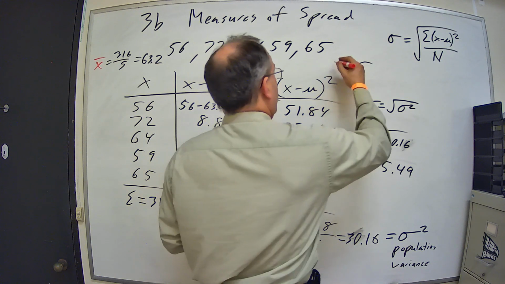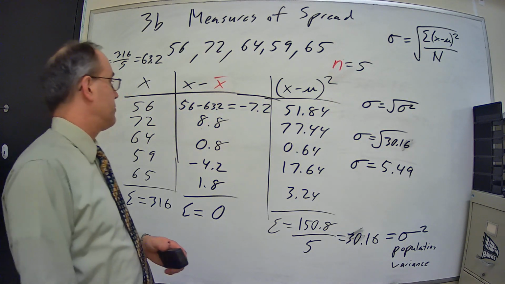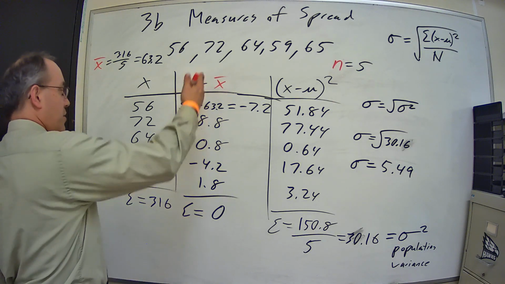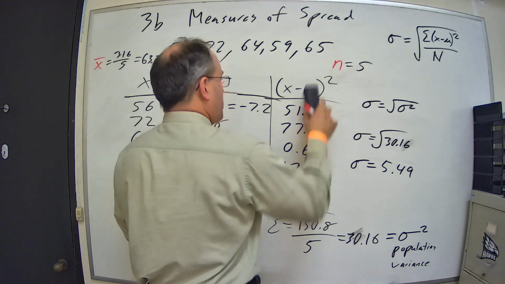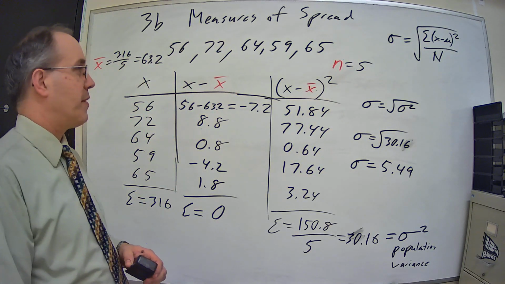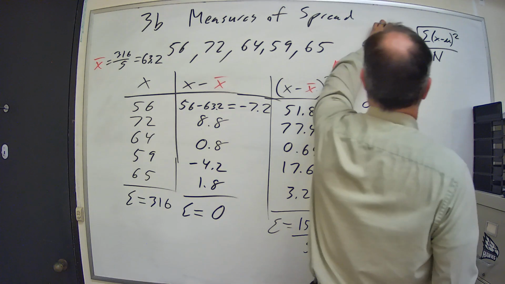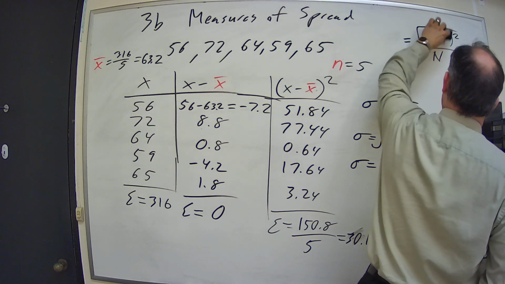We obviously now are dealing with a sample, so lowercase n is equal to 5. This still all calculates out the same. This becomes x minus x bar. Okay, so I'm going to change this a little bit, because there are three things that change with this.